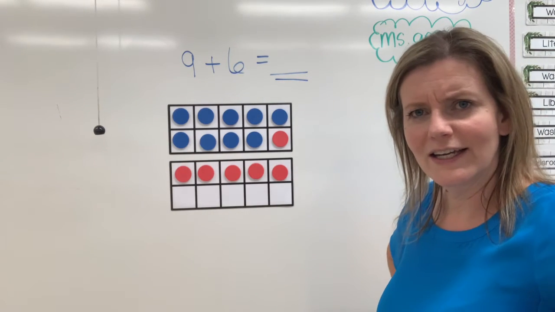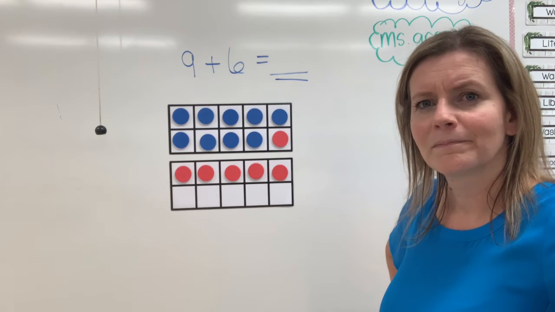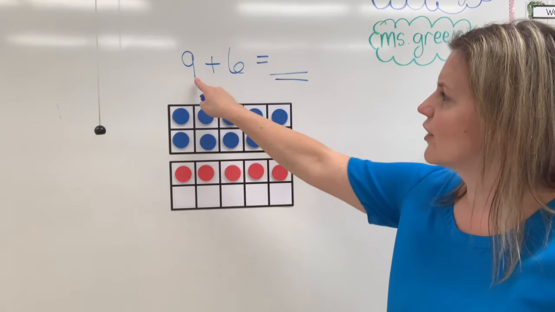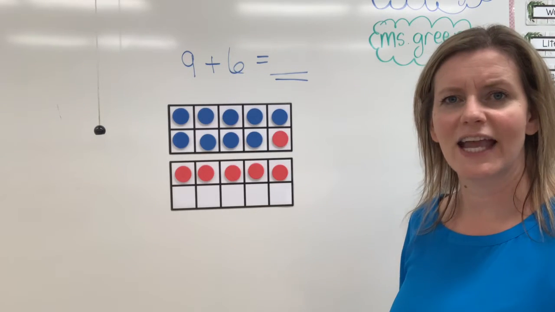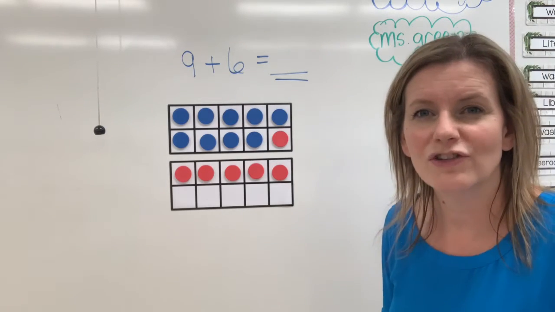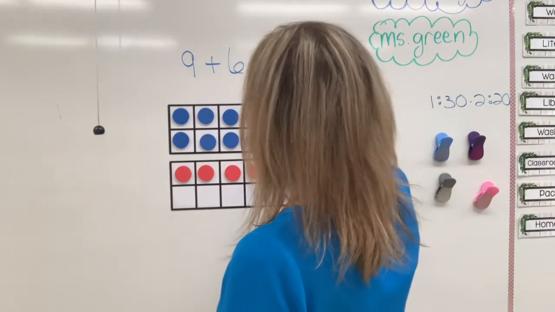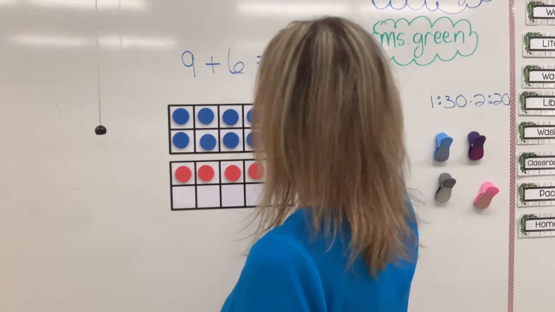Oh my goodness. So, if we add all of our counters, our 9 counters and our 6 counters together, what do we get? Do you remember? We get the number 15.